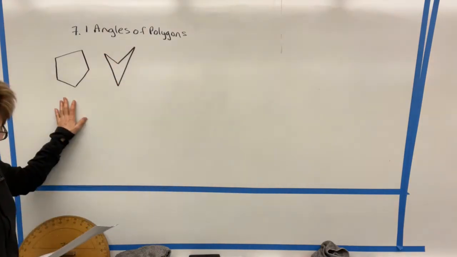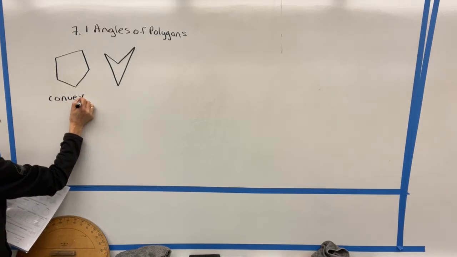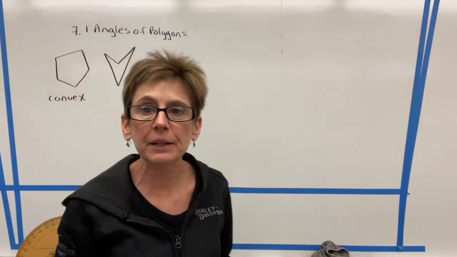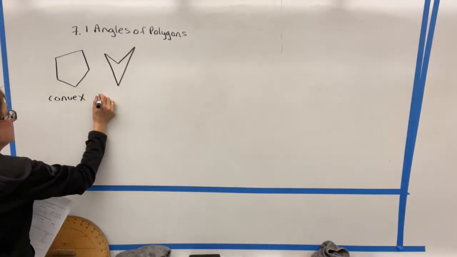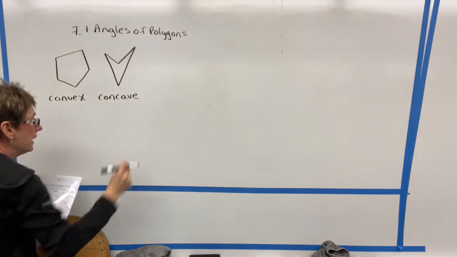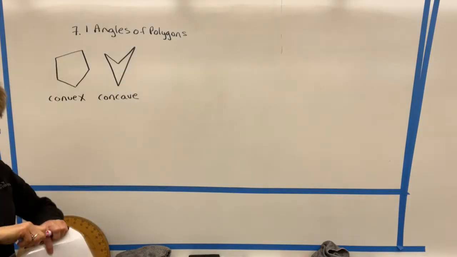Now, in the first case, we're dealing with something we call a convex polygon. And almost all of the polygons in this chapter are going to be convex polygons. But there is also another type of polygon called concave. That is kind of like when one of the figures caves in on itself.